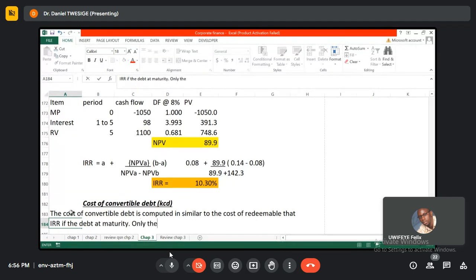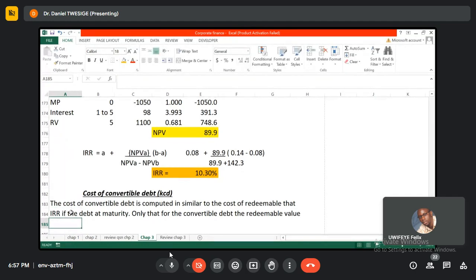Only that for the convertible debt, the redeemable value is the higher of conversion value and the market value at maturity.